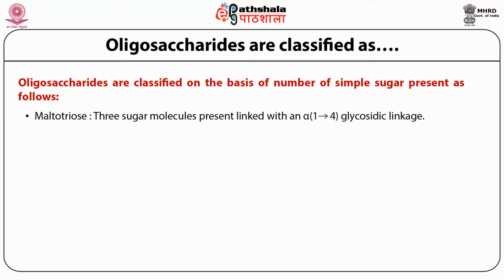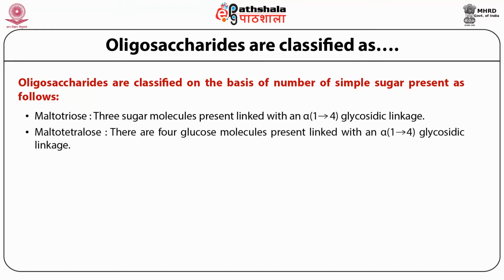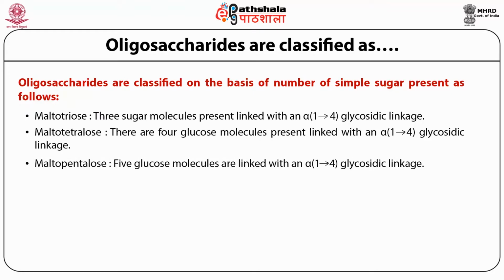So maltotriose means they contain 3 sugar molecules linked with alpha-1,4 glycosidic linkage, whereas in maltotetraose 4 sugar molecules are linked with alpha-1,4 glycosidic linkage. In maltopentaose 5 sugar molecules are linked with alpha-1,4 glycosidic linkage.